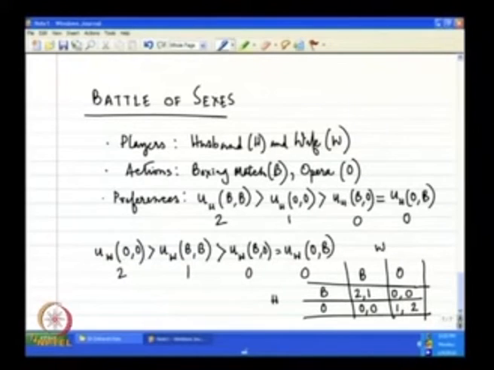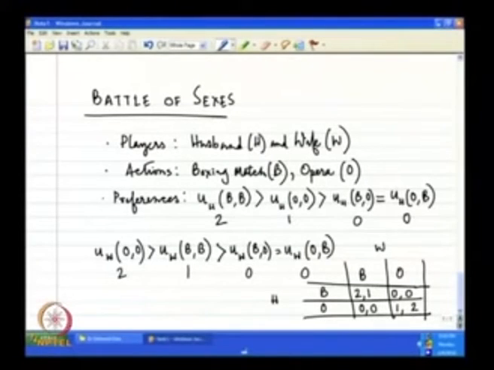Now, if I compare this game with the game of Prisoner's Dilemma, then I can see that there is one difference. In the Prisoner's Dilemma game, there was a confusion between the players whether they will cooperate or not cooperate. Here, both of them are in agreement that cooperation is better. What is cooperation here? Cooperation is that both of them are going to BB, the boxing match, or both of them are going to the opera house.